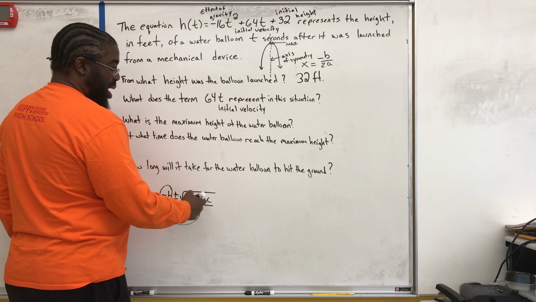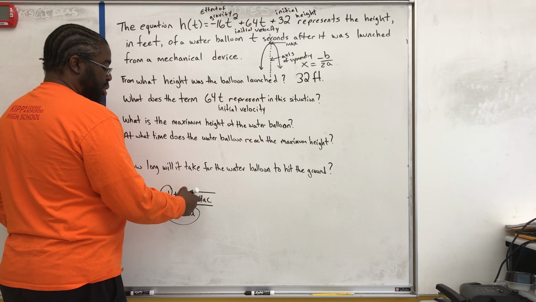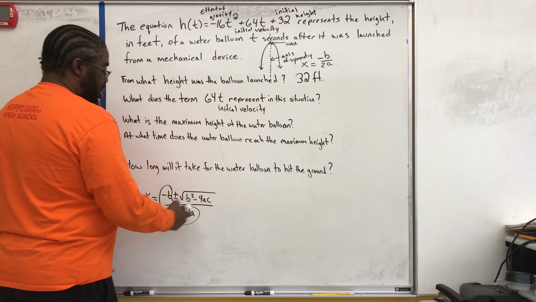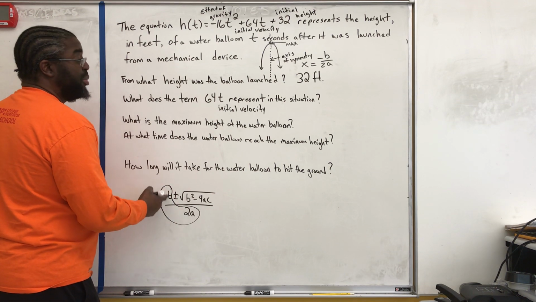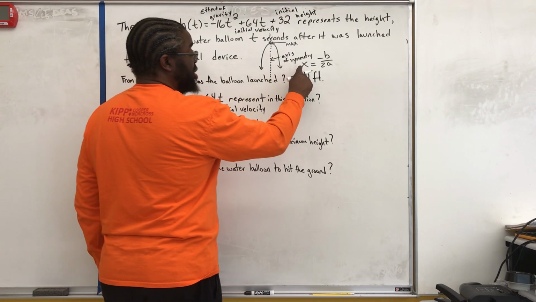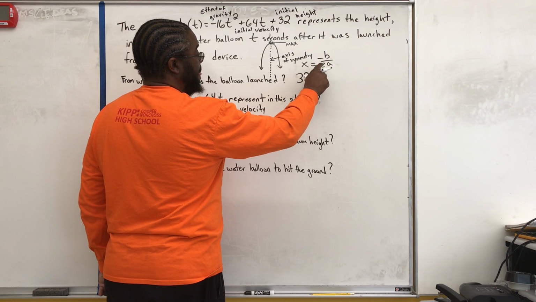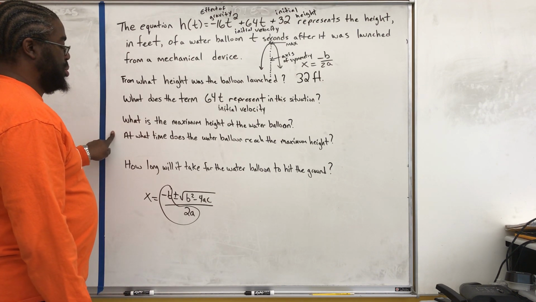Depending on whether or not it's positive, negative, 0. It tells me whether or not I have solutions. We call that the discriminant. But this part tells me where my middle is, the axis of symmetry. So the formula for the axis of symmetry is x equals negative b over 2a, right? We're going to use that to solve this question.